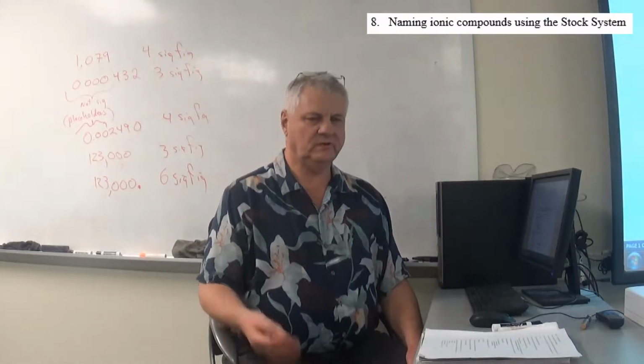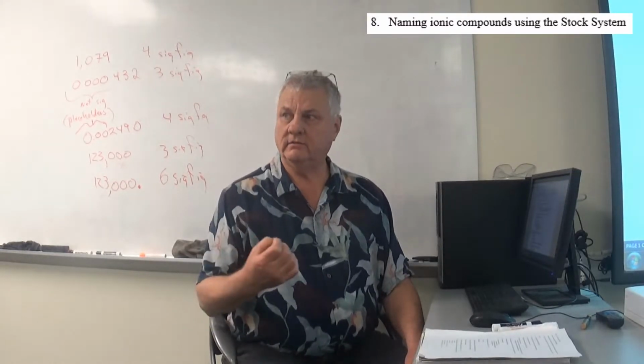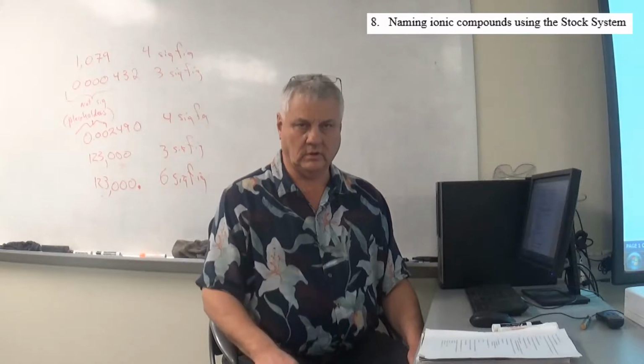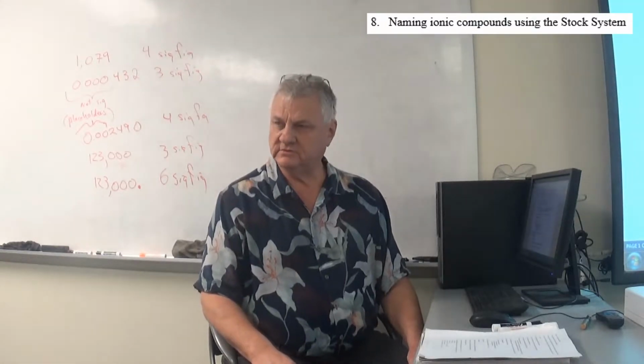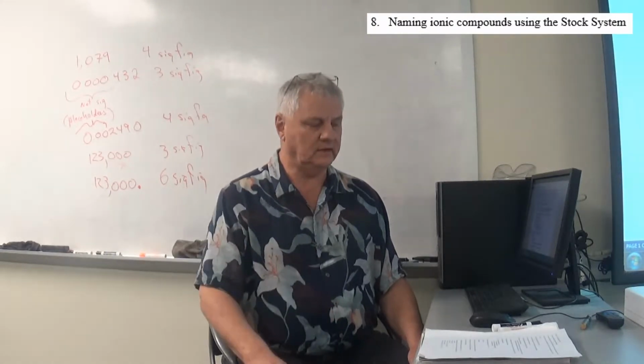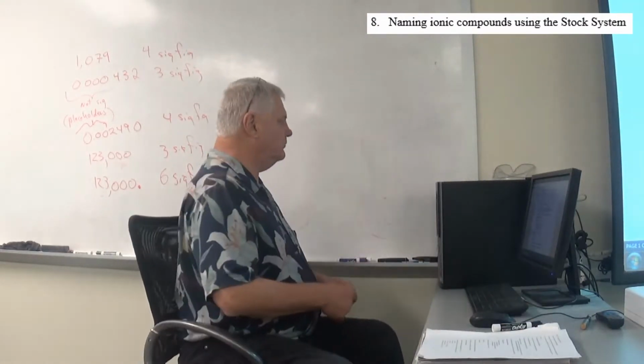There's a difference between iron(II) chloride and iron(III) chloride. In iron(II) chloride, the iron has a +2 charge. In iron(III) chloride, the iron has a +3 charge. And the formulas would be different.